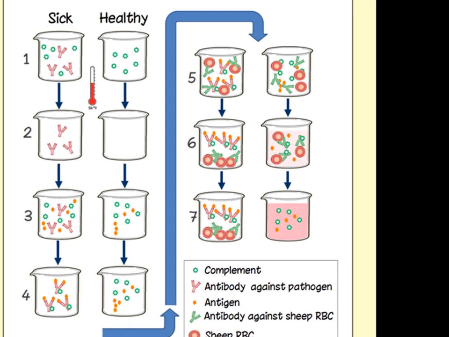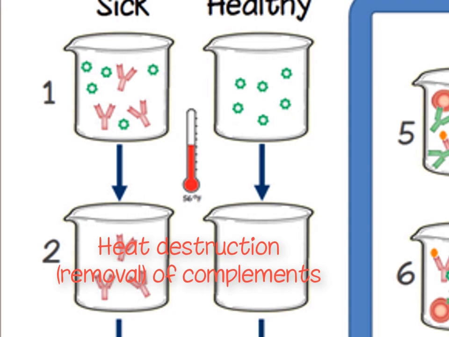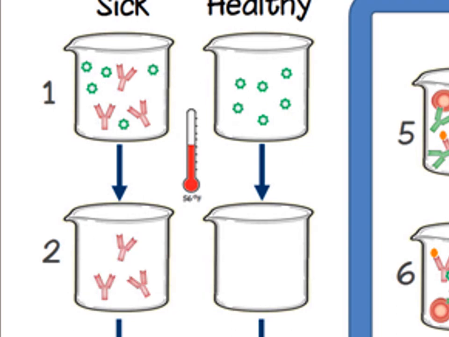The next step, or to be exact, the first step, is to standardize the amounts of the complements in patient's serum by heating the sample at 56 degrees of Fahrenheit to destroy the complements, because complements are heat labile. And that's why I have the thermometer in this diagram.